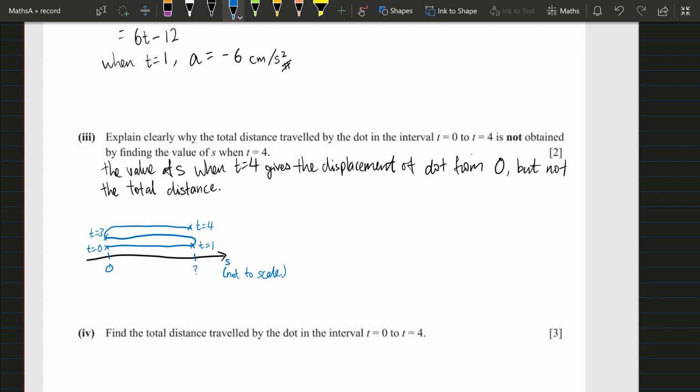So this is the diagram to illustrate my next point. So my next point is that, let me just go back to my black pen.